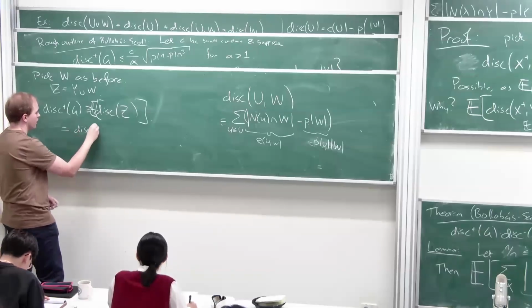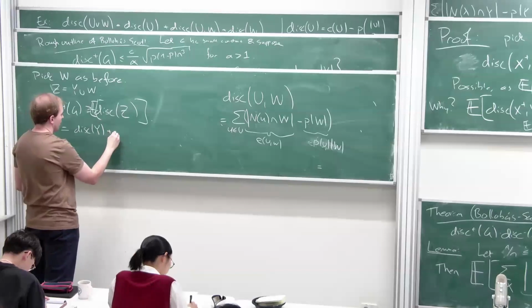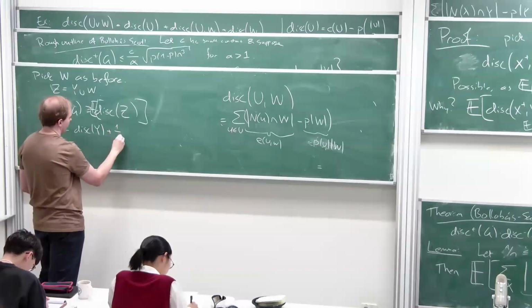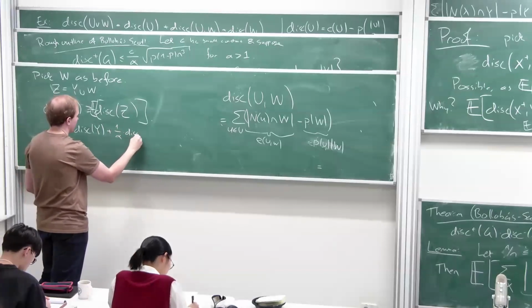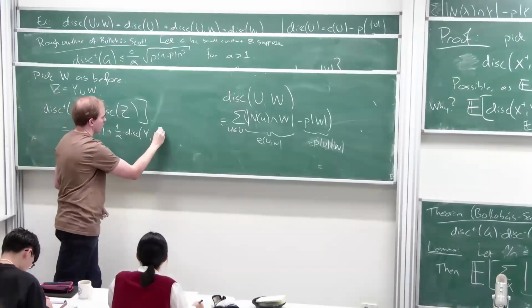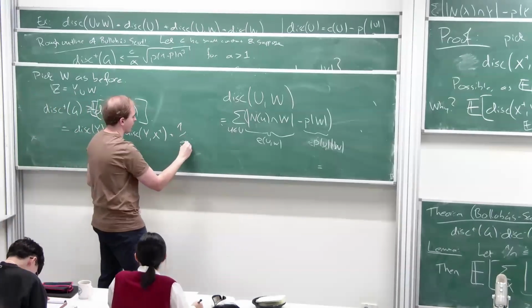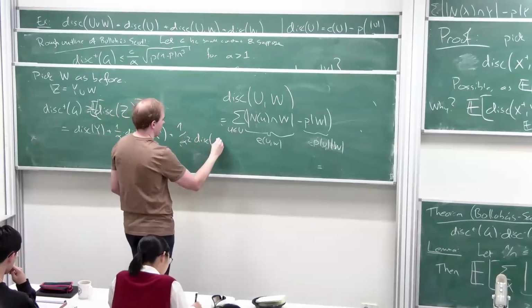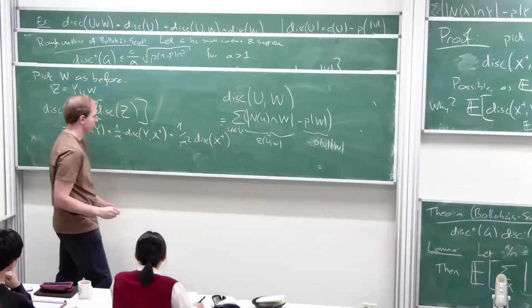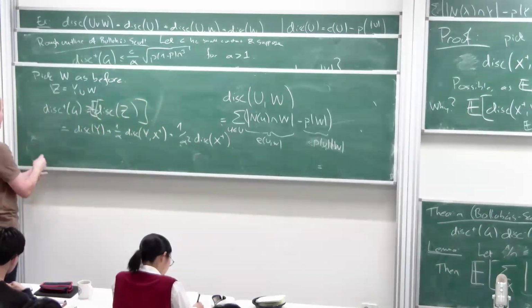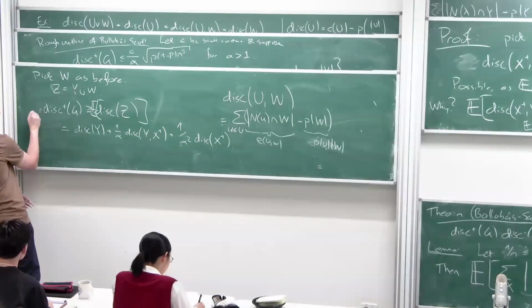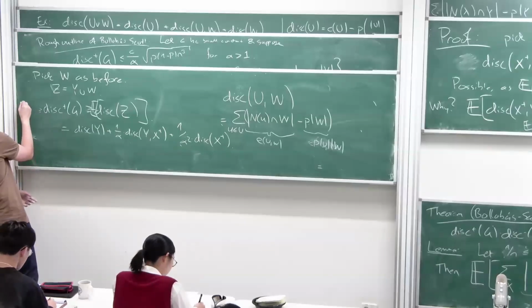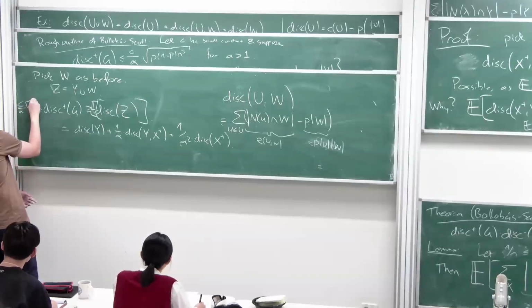And this expectation is just going to be the discrepancy of Y plus Q times, so 1 over half times the discrepancy between Y and X plus 1 over half squared, that's the discrepancy of X plus. And we know that this is at most 0, where alpha times is bound.